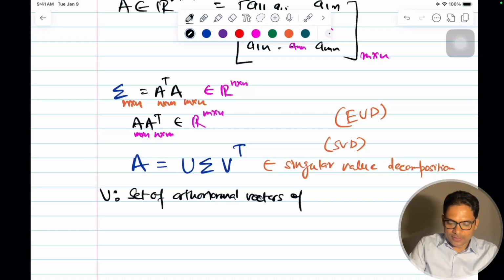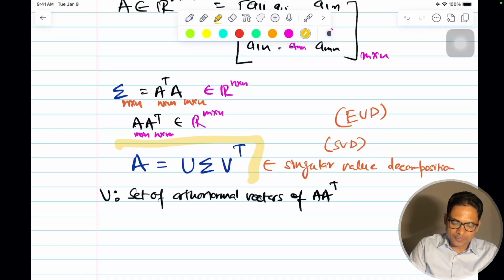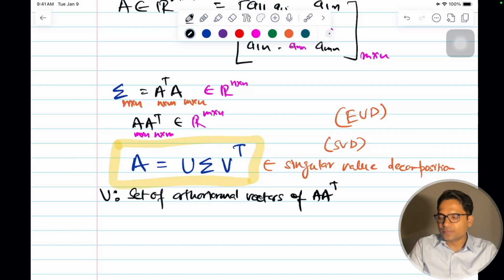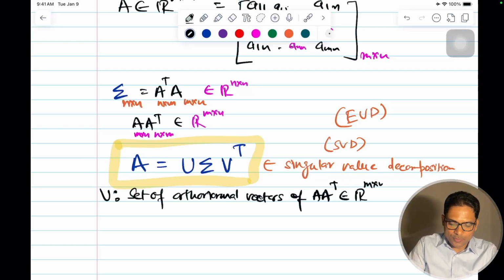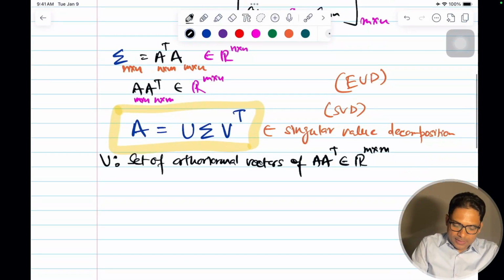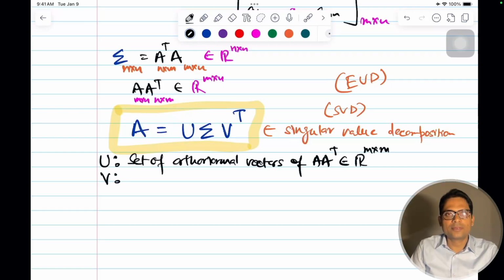So it is the set of orthonormal vectors of A A transpose. This will belong to R of m cross m, a square symmetric matrix. Similarly, this is your U. And what will be V?